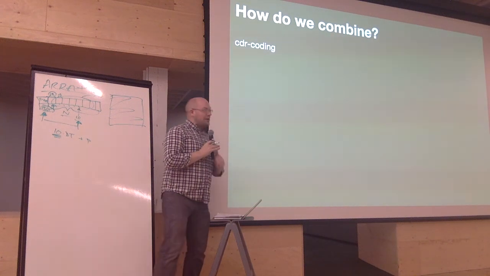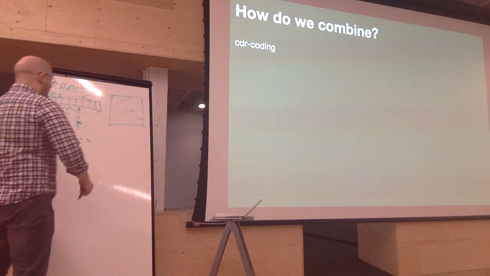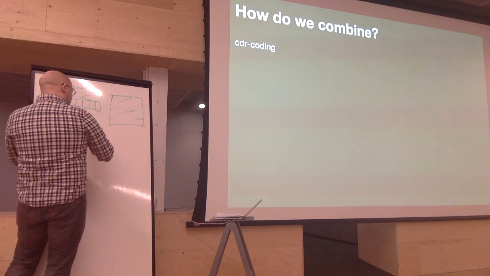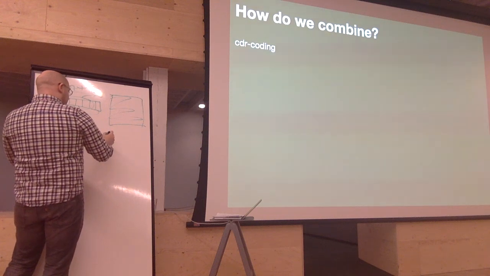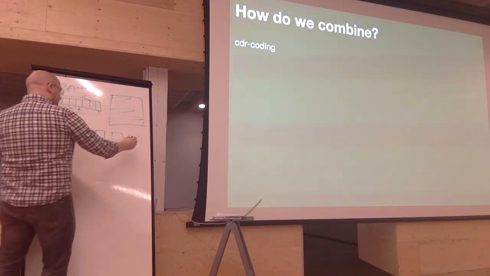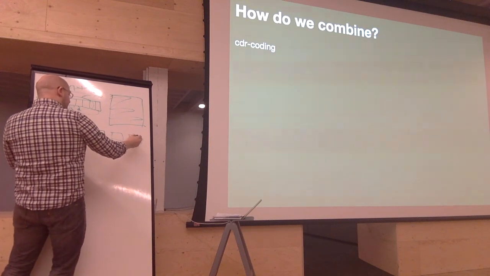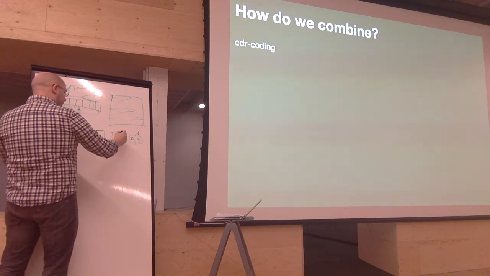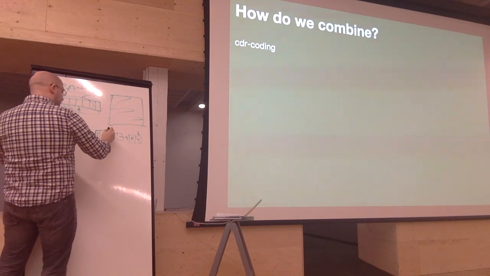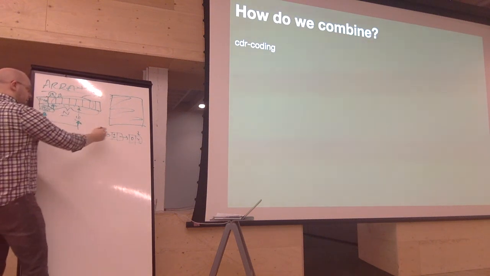All right, so cdr coding, what does that mean? Essentially, we're going to make a regular linked list, but if we can, we're going to compress it. Here's our linked list. We'll put the proper null byte at the end, and we'll build it up this way instead, so it's 2, 1, 0.